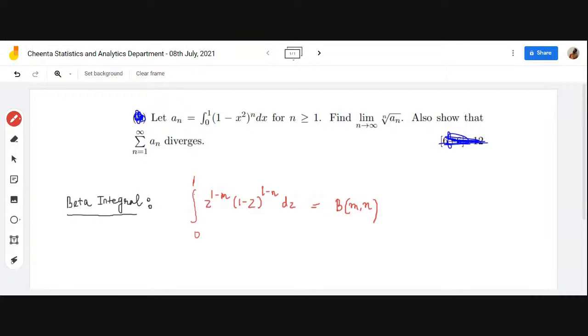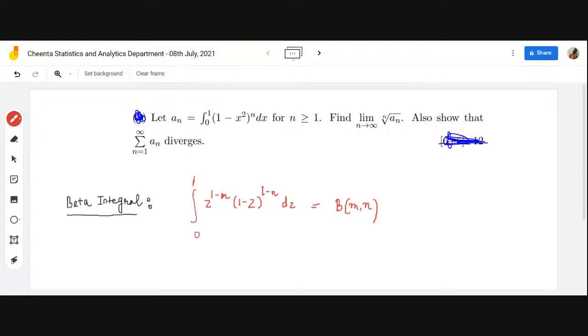So the question revolves around this integral.